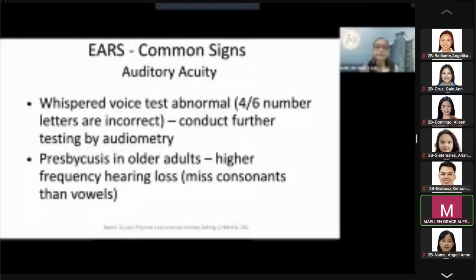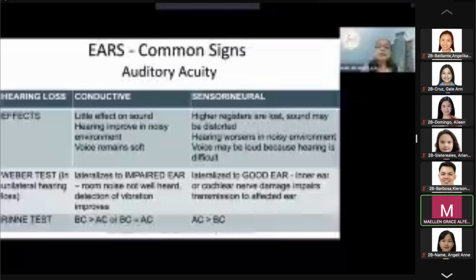Room noise is not well heard and detection of the vibration is improved. However, for sensorineural hearing loss, usually it lateralizes to the good ear, because the inner ear and cochlear nerve damage will impair transmission on the affected ear.